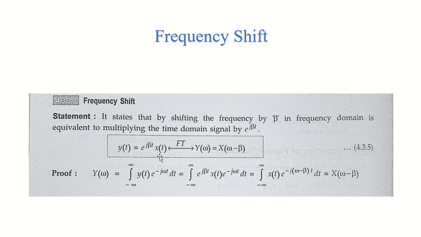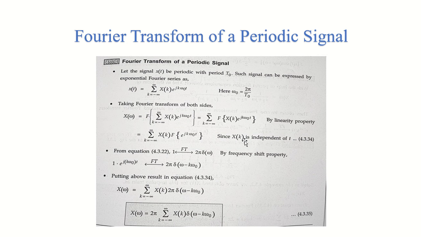If you have a signal which is x of t multiplied with e raised to j beta t, you can take the Fourier transform and it will look like x of omega minus beta. So the same thing will happen here as well.